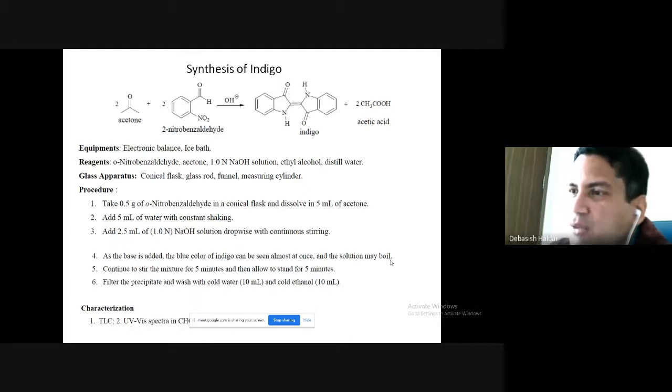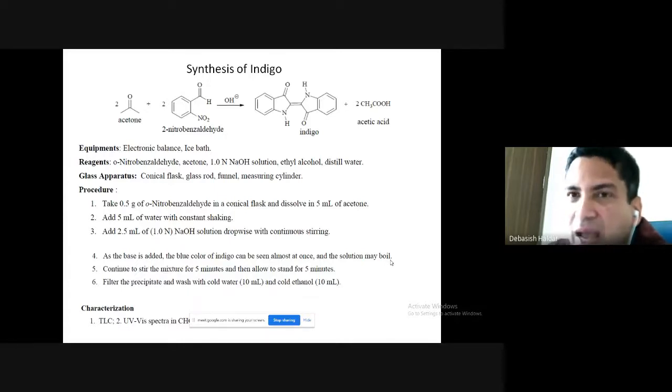The NaOH solution will be supplied. You do not need to prepare it. If it is not supplied, just dissolve one bead of NaOH in 2.5 ml water, and then add that NaOH solution dropwise to the reaction mixture with continuous stirring with a glass rod, and immediately you will see a blue color appearing, the color of indigo.